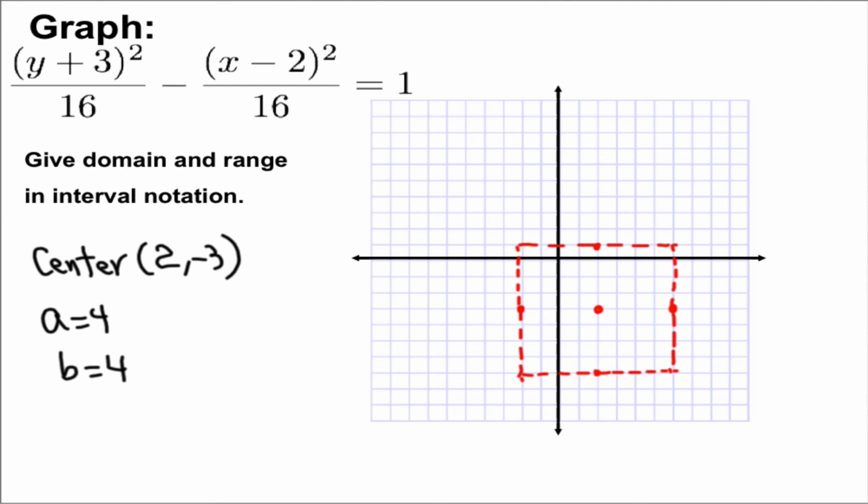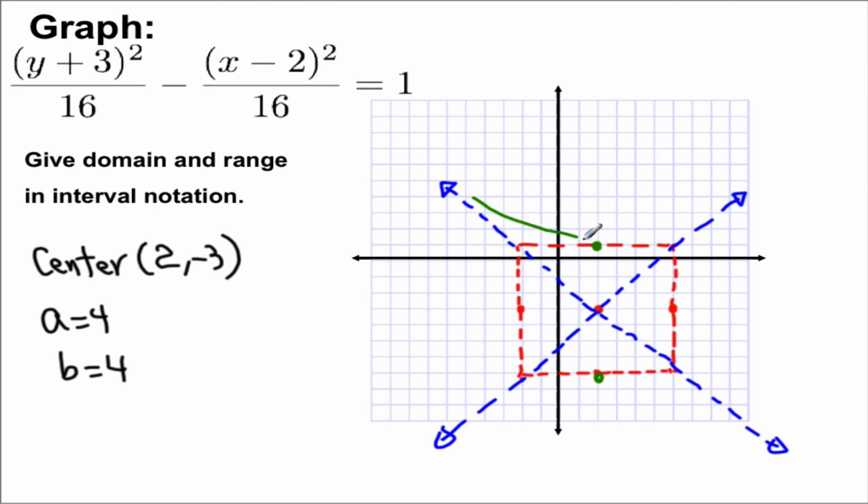Draw the diagonals of this fundamental rectangle and extend them. Now this hyperbola is opening up and down, so we're going to the horizontal side of the rectangle to the midpoints, and then we're going to draw the branches of the hyperbola.